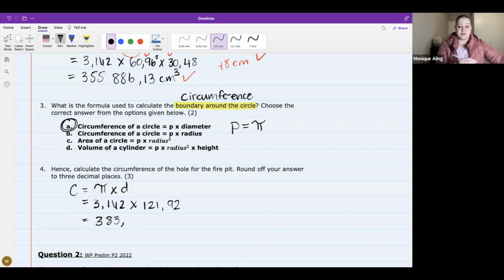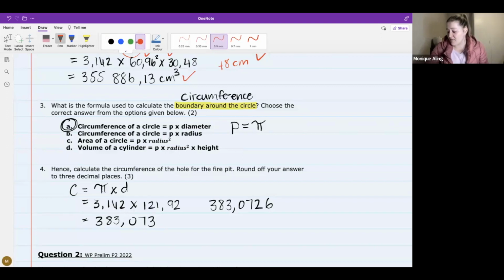Oh, that's actually a good point, Ashley. 3 decimal places. Okay, so just quickly, it was 383,0726. Because we round to 3 decimal places, we look at the third place after the comma. So that's 1, 2, 3. So we're looking at the 2.